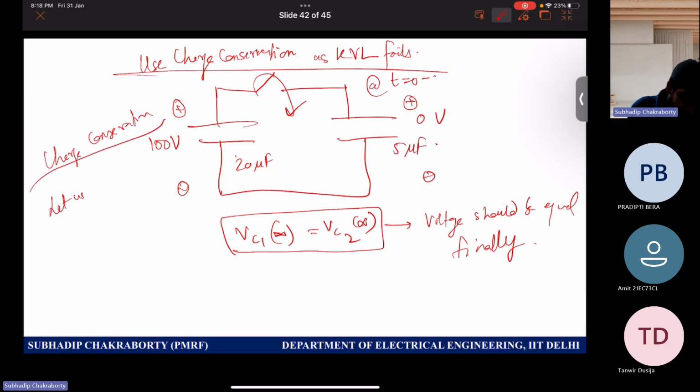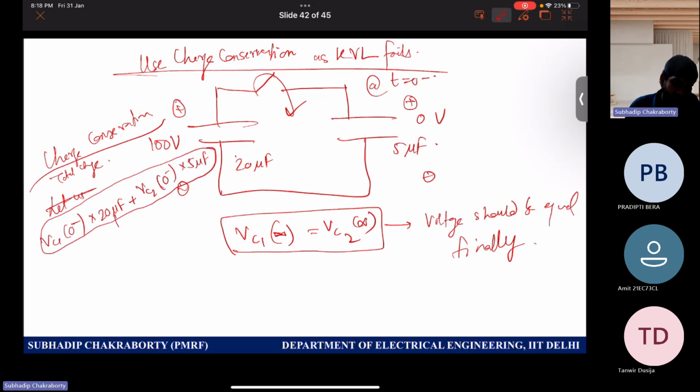So total charge is VC1 0 minus into C1 plus VC2 0 minus into C2. This is the total charge before.